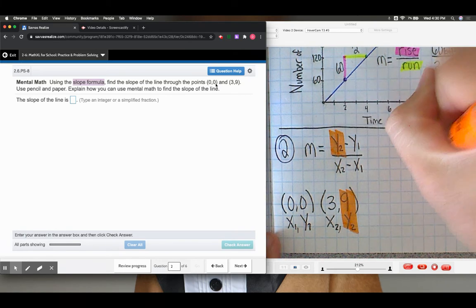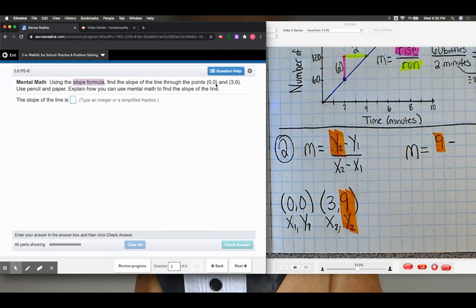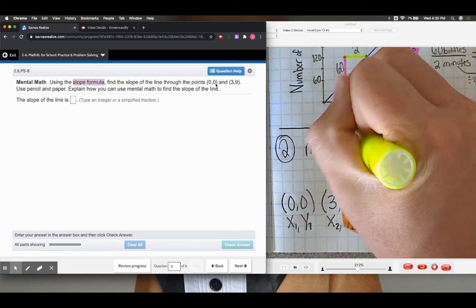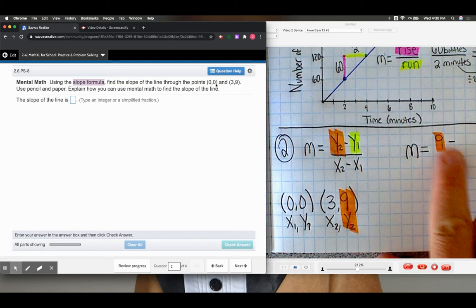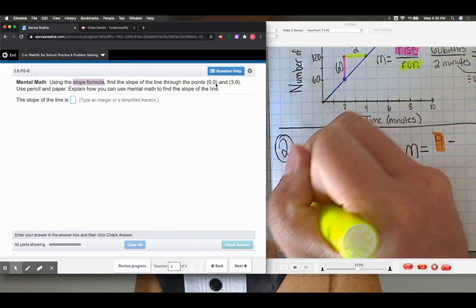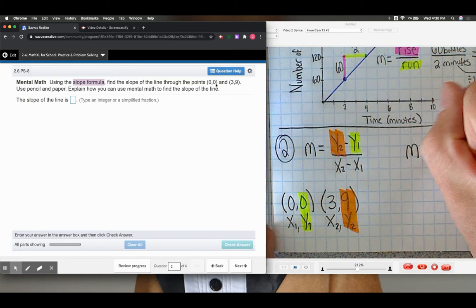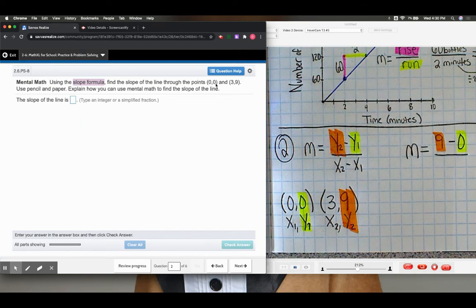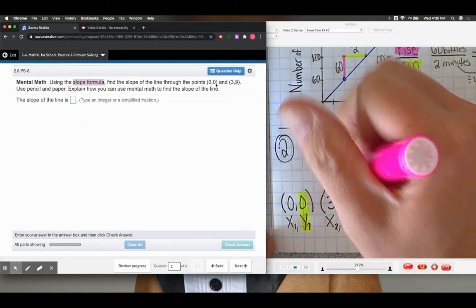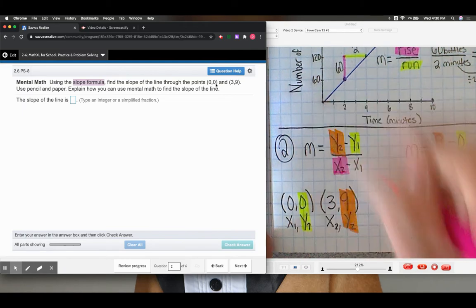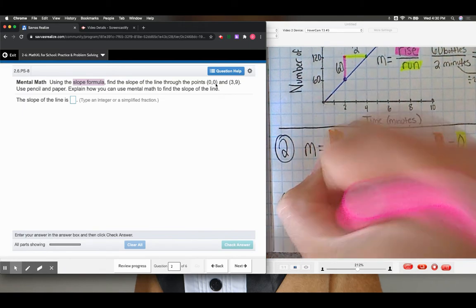Keep all the colors together. We're going to plug y1 in this. The formula says subtract, so I put a subtraction. y1 is the 0. 9 minus 0 over, let's see, x2 is the number 3.